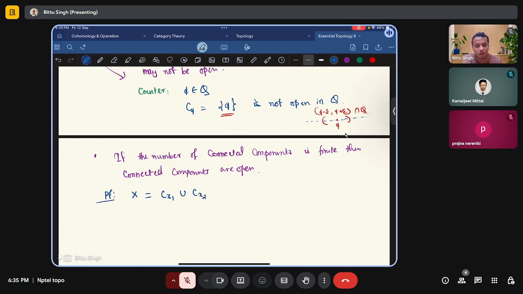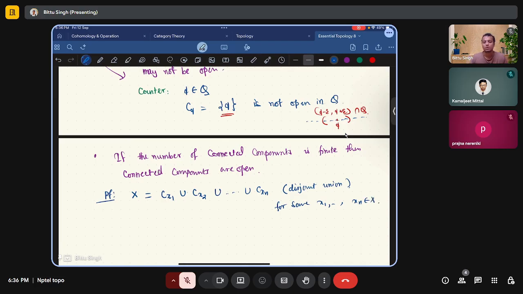Because connectedness gives an equivalence relation, and an equivalence relation always breaks a set into a partition. So X can be written as a disjoint union of components Cx1 up to Cxn, for some x1 up to xn belonging to X.